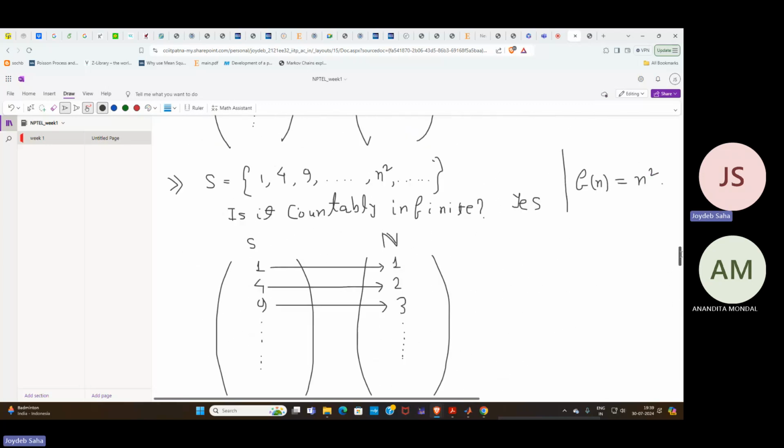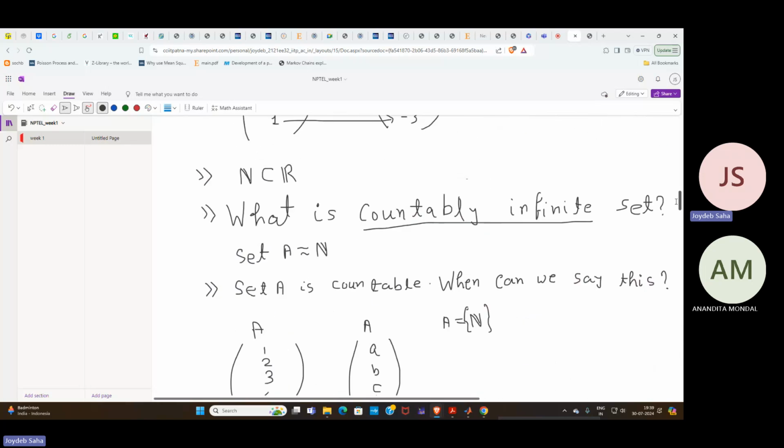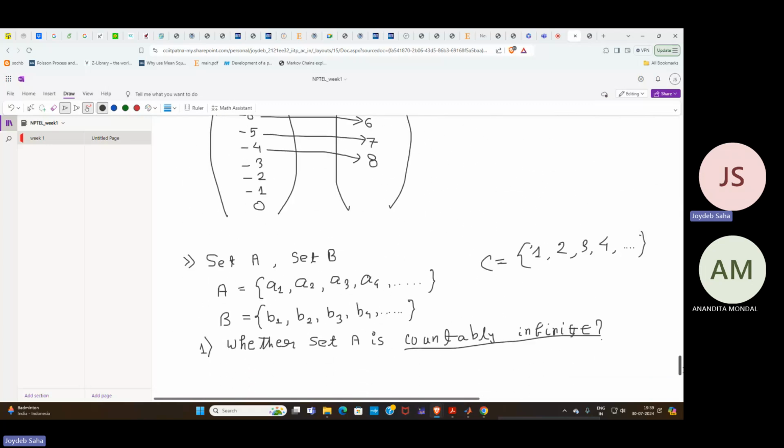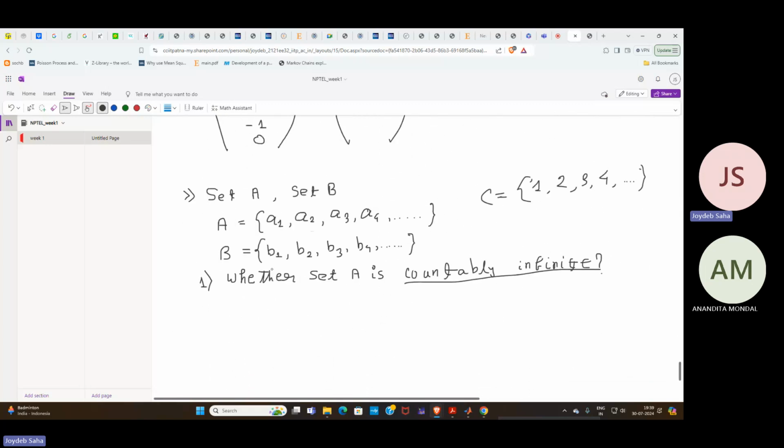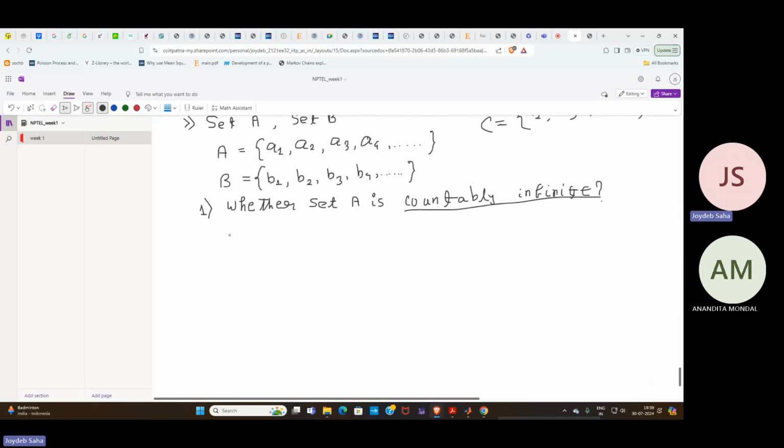Here we have answered what is countably infinite set. If there is a bijection between set A and N, or you can say if A and N are equicardinal. So whether there is a bijection between set A and N, let us try.